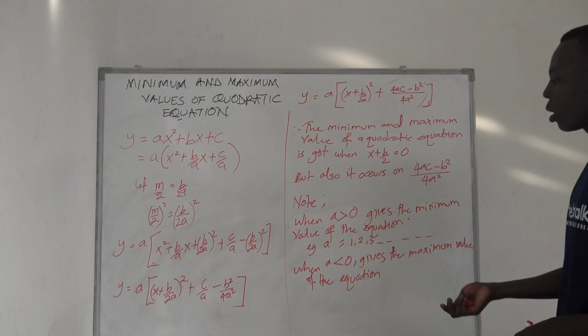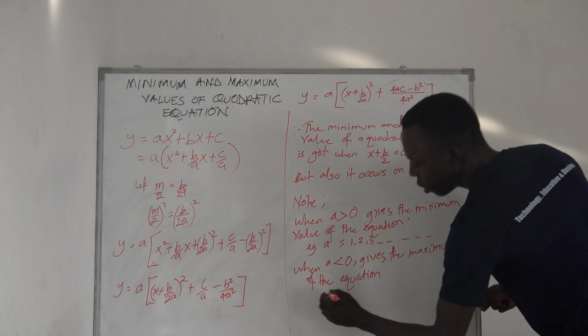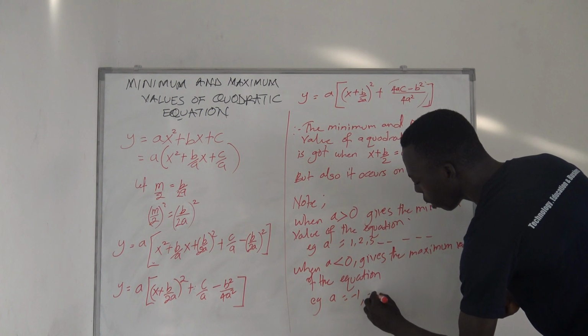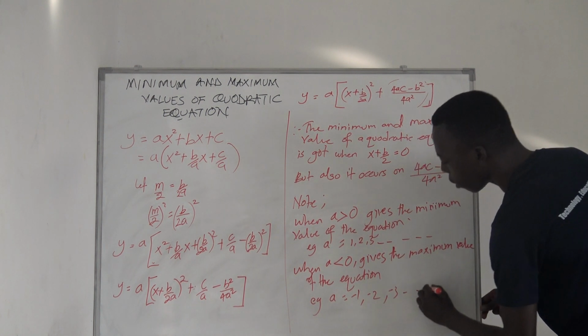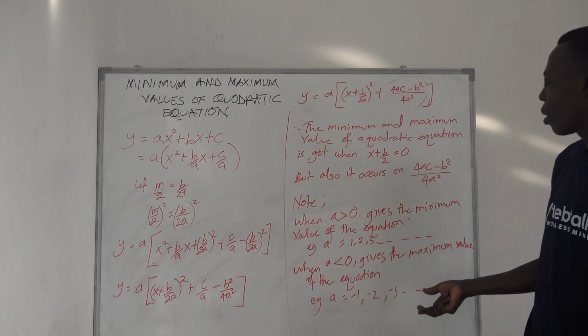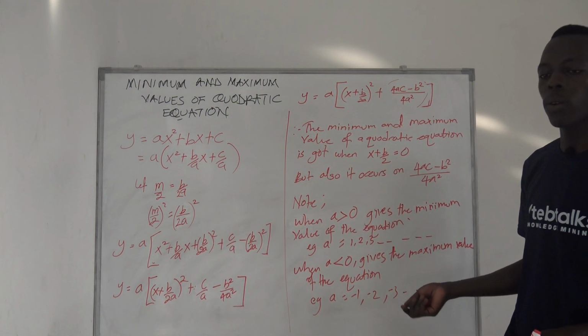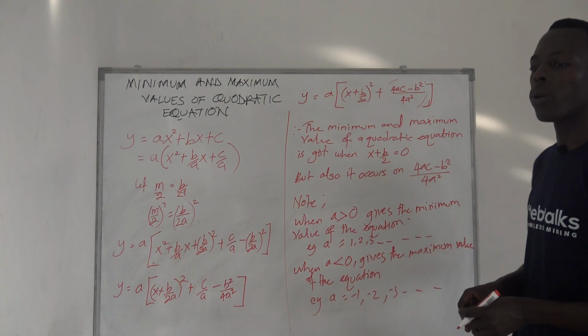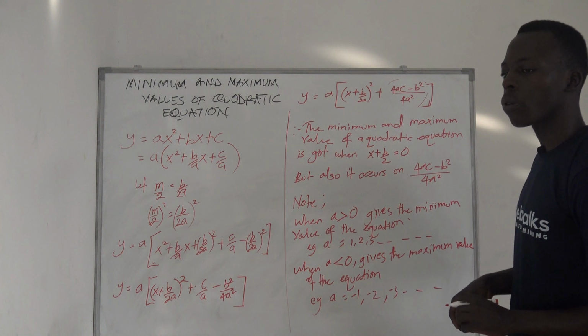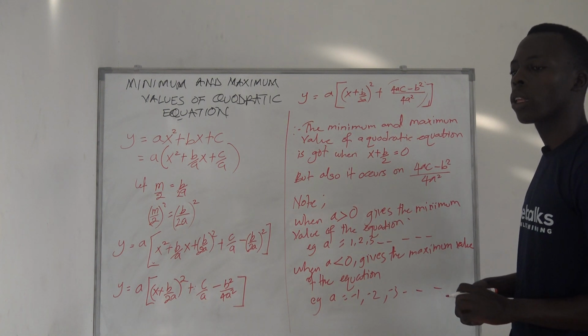So that's what we get. So for example, when a equals -1, -2, -3, and so on, this one gives a maximum value of a quadratic equation. So that is what we have to look at.